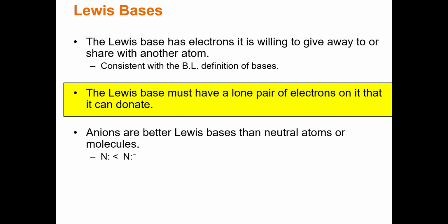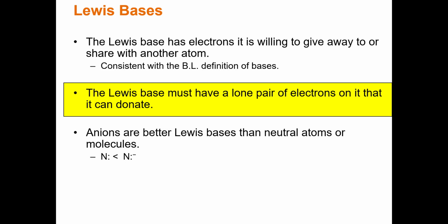For the Lewis base, we need to have a location where we have electrons that the molecule is willing to somehow share with another atom. This is very consistent with the Bronsted-Lowry definition of a base. There we were saying, you know, you have something accepting a proton.